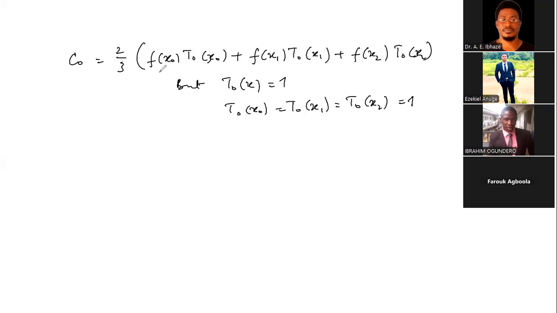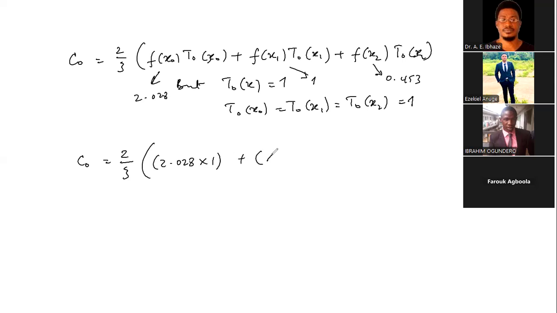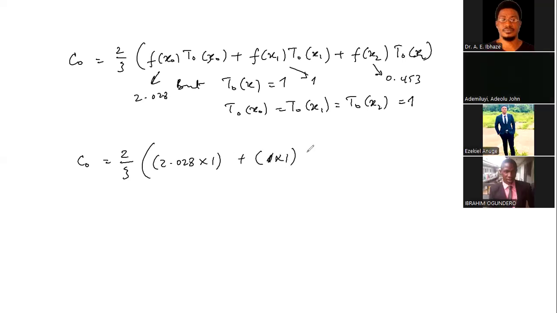So we can now plug in these values. We already know what f of S naught is, which is 2.028. We know what f of S1 is, which is the same as 1. We know what f of S2 is, which is 0.493 as derived. So it means that C naught will be the same as 2 over 3 into bracket 2.028 times 1 plus 1 times 1 plus 0.493 times 1, right?